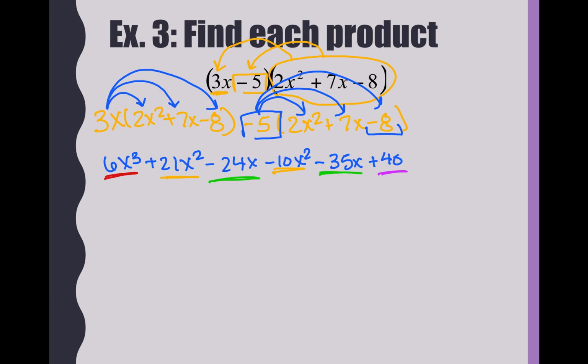So let's see, I'm going to rewrite this. 6x cubed plus, well, my x squareds, I have 21x squared. I have negative 10x squared, so that's a total of 11x squared when I add them together. I have negative 24x minus 35x. Negative 24x minus 35x is negative 59x. And at the end, I just have my plus 40.